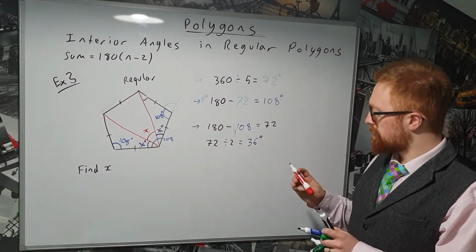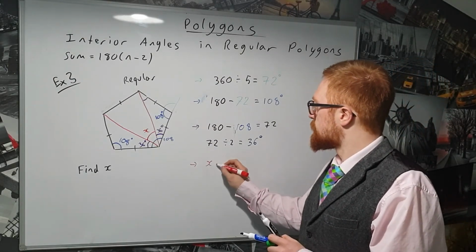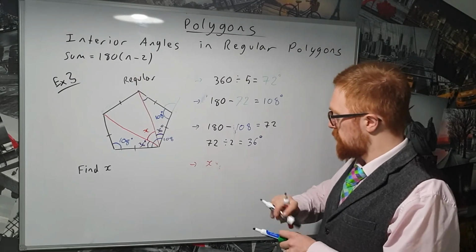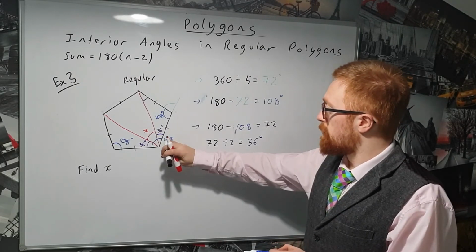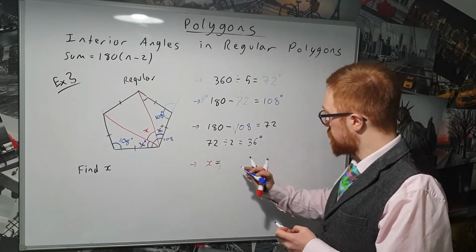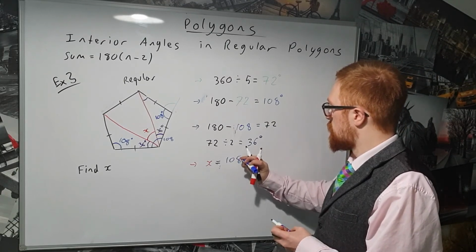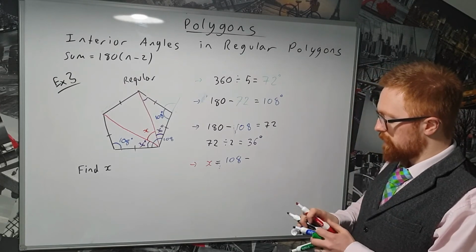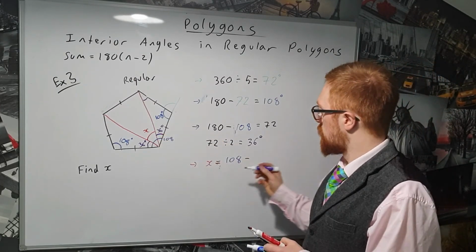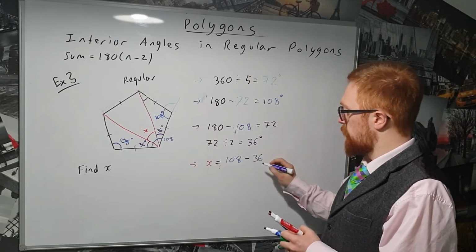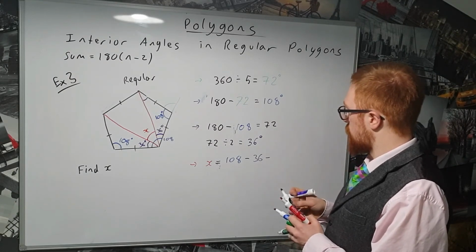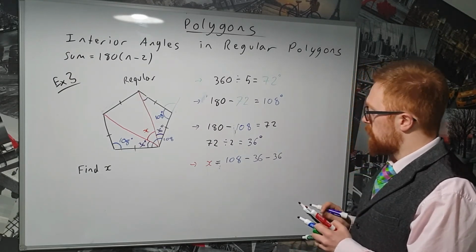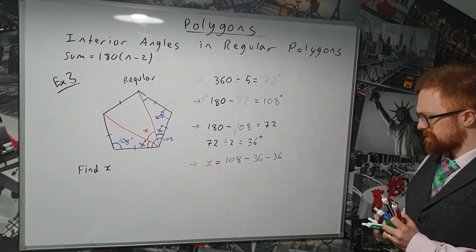So my red angle, x, is equal to my blue angle, 108, take away my two purple angles. Now I've got a 36 and a 36. So I'm going to take away a 36 and I'm going to take away another 36.